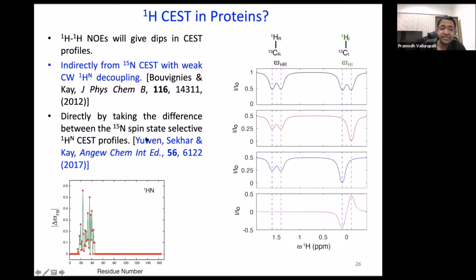Now, if we follow the prescription according to Yarrington, Ashok Shekhar and Lewis Kay, we should separate the 2 profiles based on the spin state of this C13 nucleus. So we separate one with C13 in the alpha position, where we have only one dip here, and one with C13 in the beta state, where we again have only one dip here.